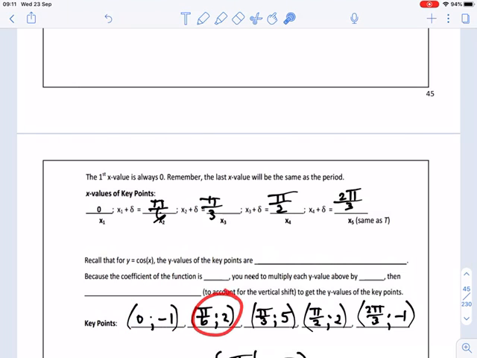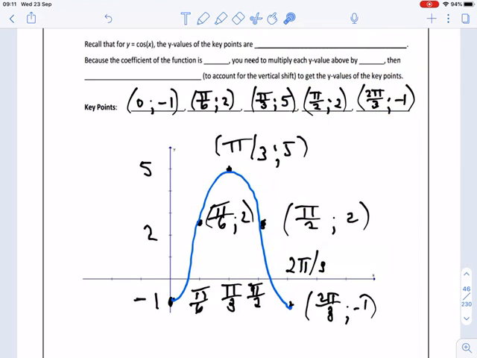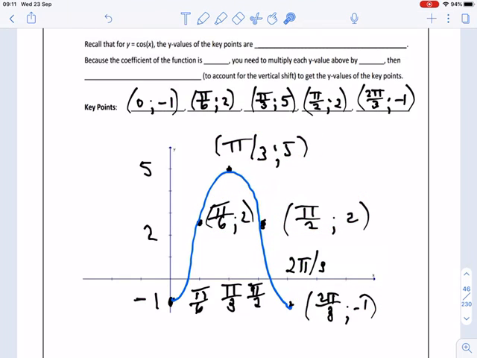Then go to the central position with the next one. Then go to the top, come back to the center, ending up at the minimum. And there we are. And please indicate the coordinates that are not on any axis, all beginning and end values, so that you do not lose any marks.